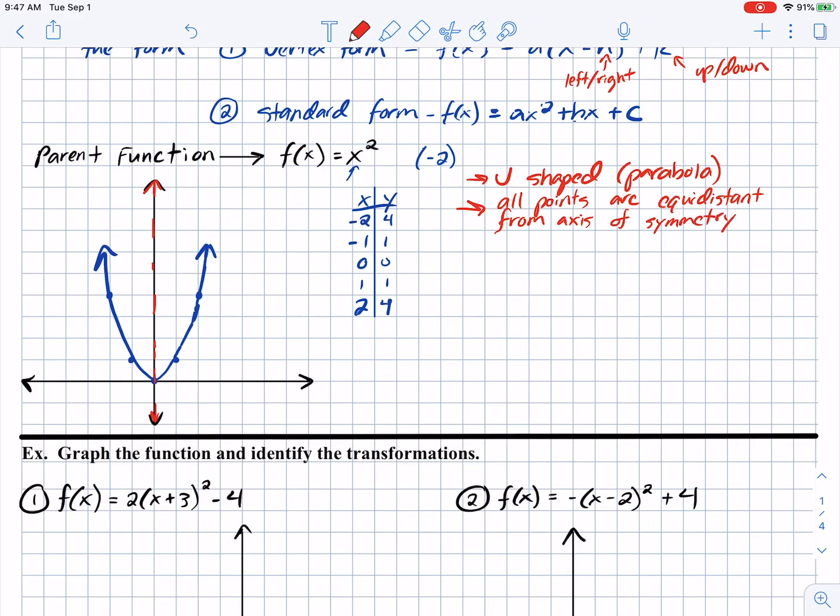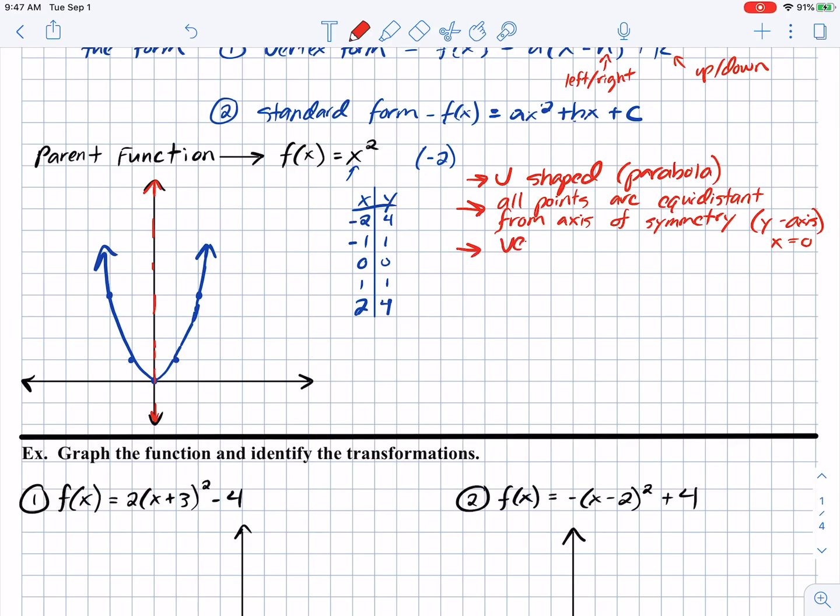Okay, and because this is our parent function, our axis of symmetry just so happens to be the y-axis, or the equation of the y-axis is x equals 0. As we graph some of these other quadratics, the axis of symmetry is going to move. It's not always going to be the y-axis.